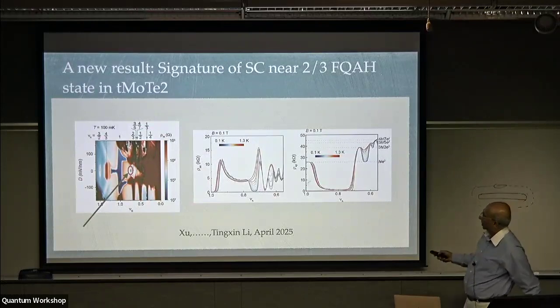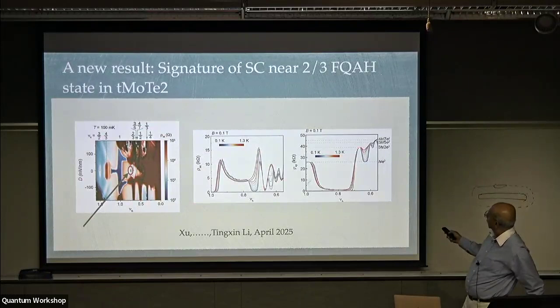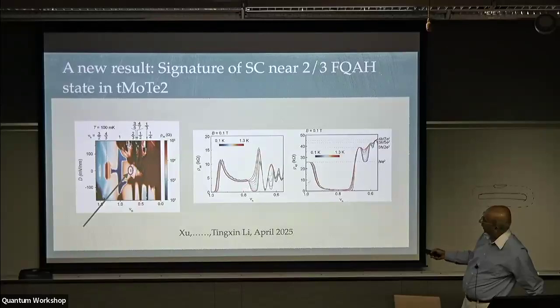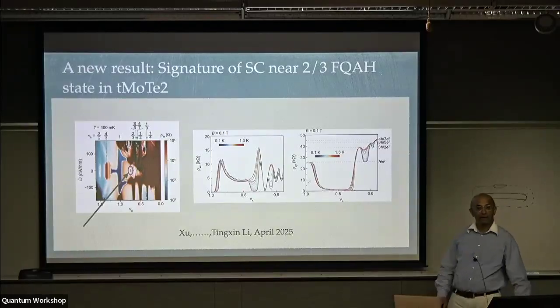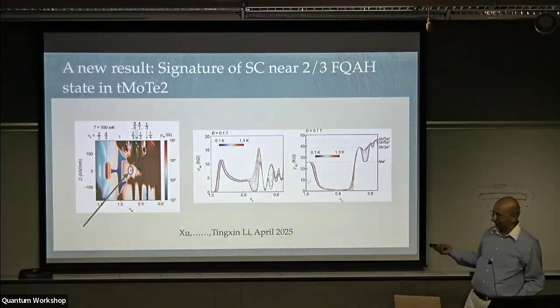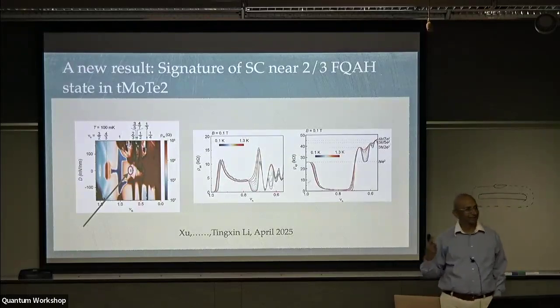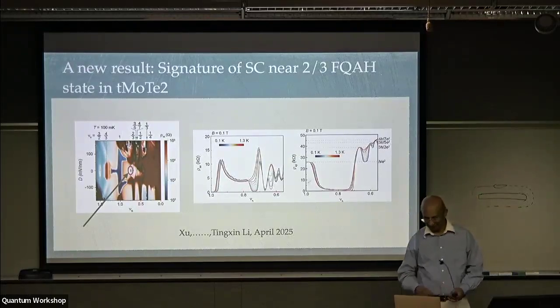And this is the line cut. This is the rho xx and rho xy. You see the rho xy quantized at 3/2, and then it plunges down and becomes very small. At the same time, rho xx also becomes very small. It's probably a superconductor, but it needs to be confirmed in other experiments.